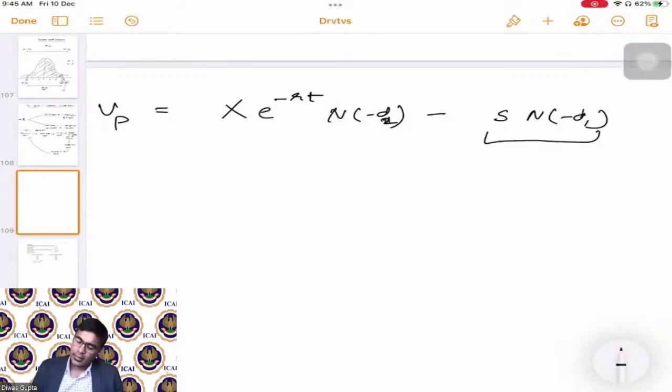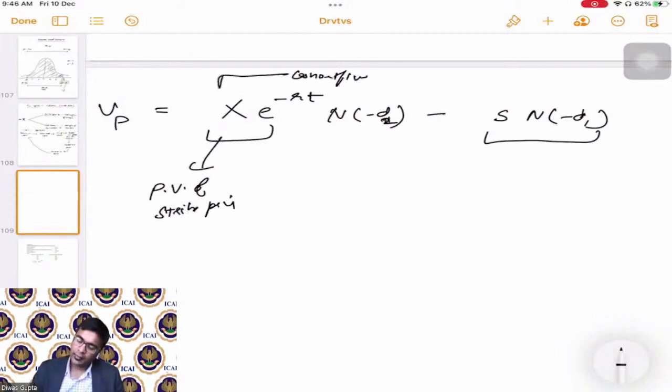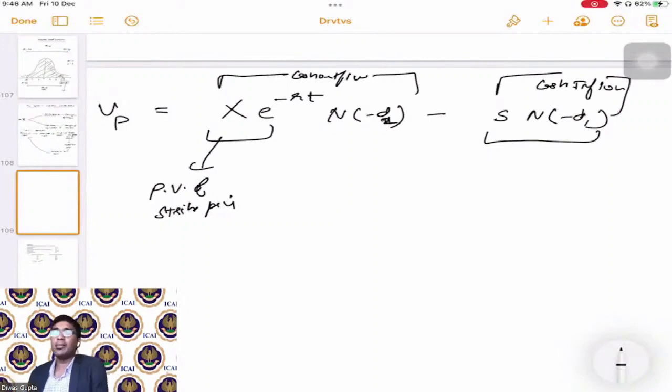Then this is the present value of strike price that we are going to invest. Basically, this is all cash outflow. This is cash inflow. Correct? Cash inflow. Why? Because you will short sell, you will get the cash.